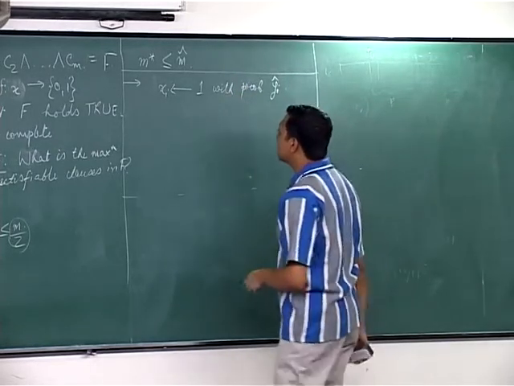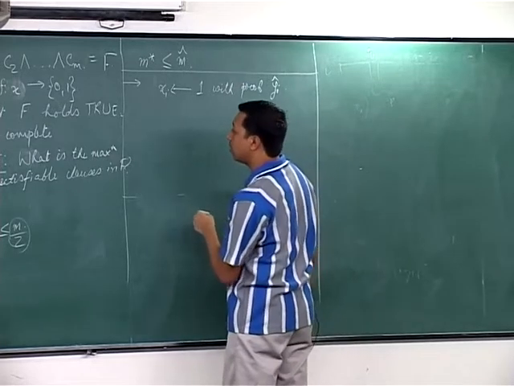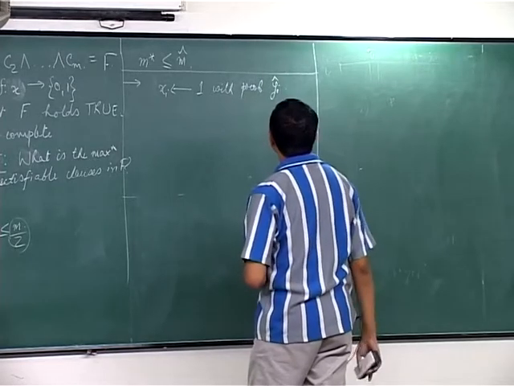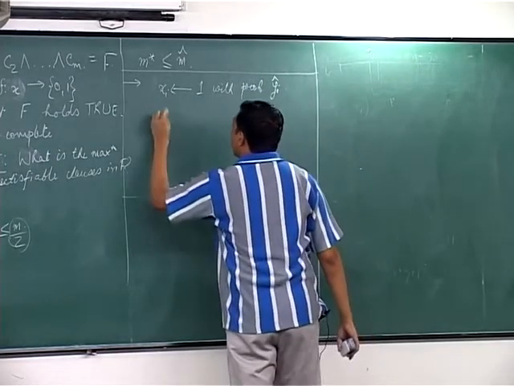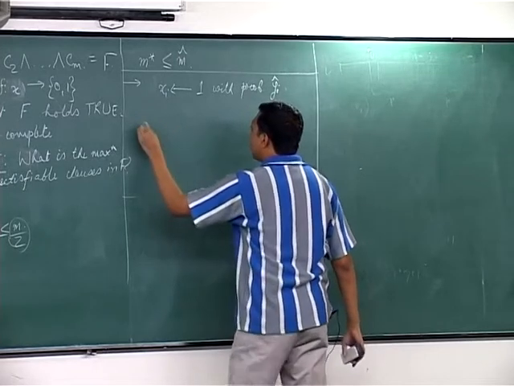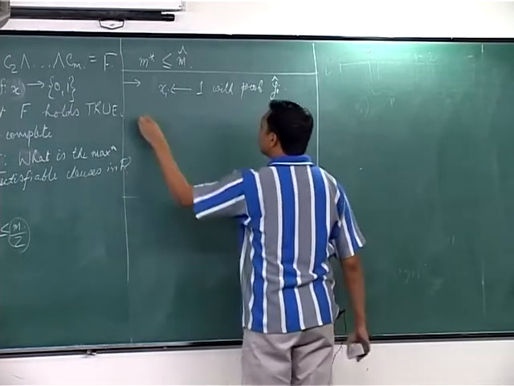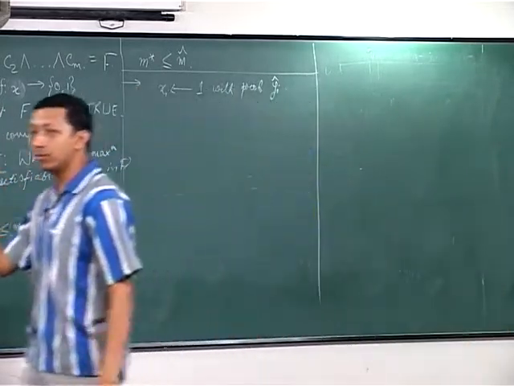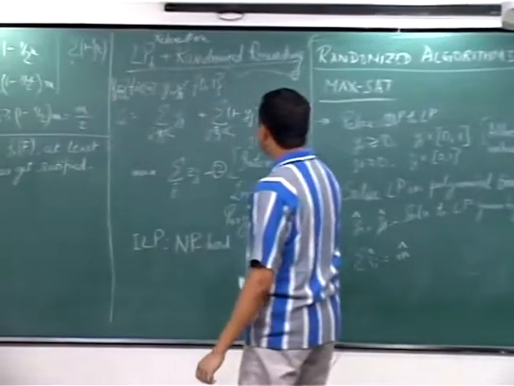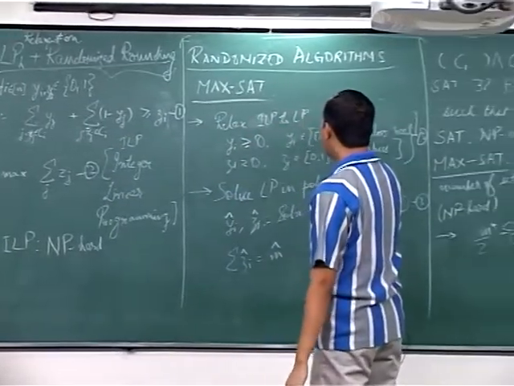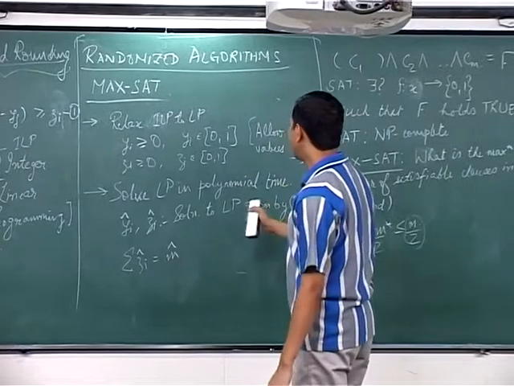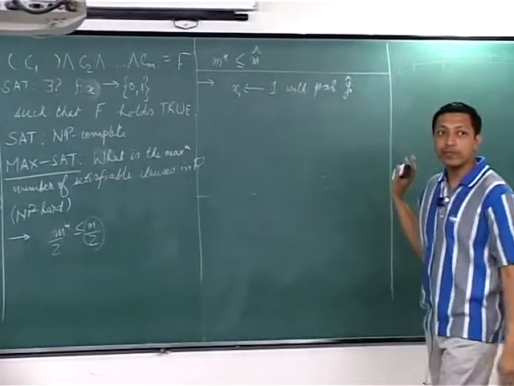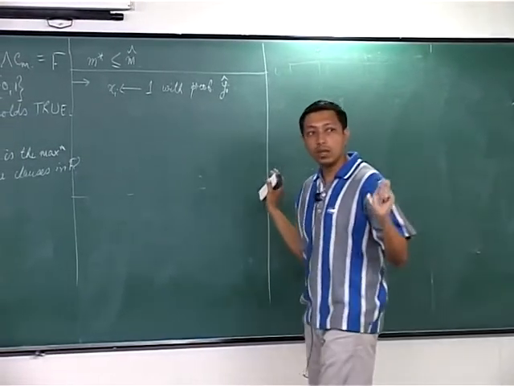So this is the algorithm. This is the second part where you took linear programming, you relaxed it, you solved the relaxed program, and then you did what is known as randomized rounding.